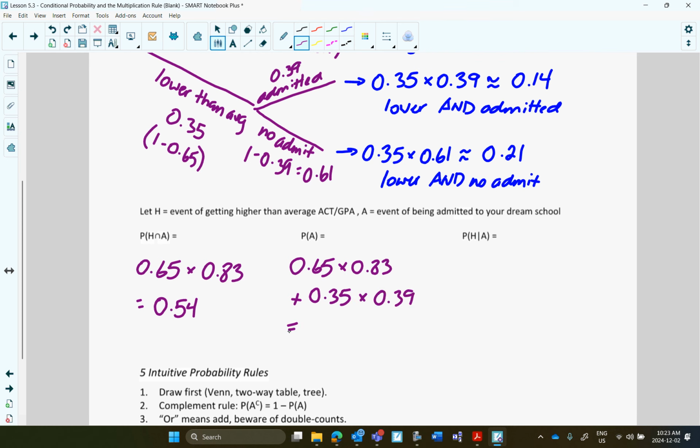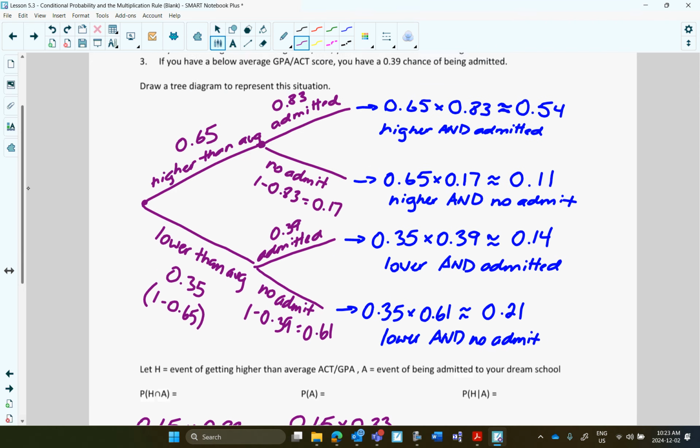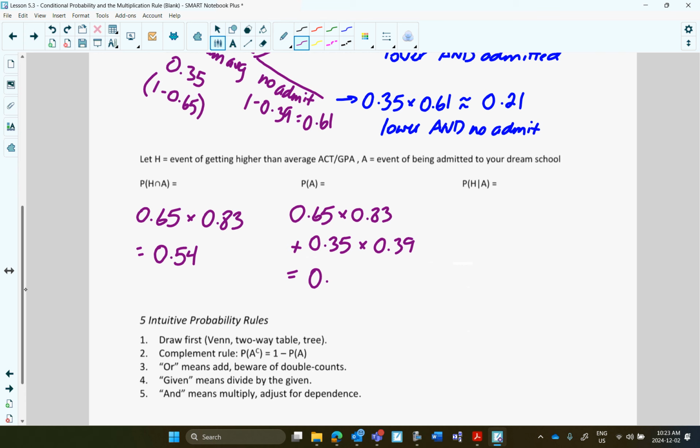And that's going to give us right here 0.68. This next one. What's the probability of having a higher than average GPA or ACT given that you've been admitted?